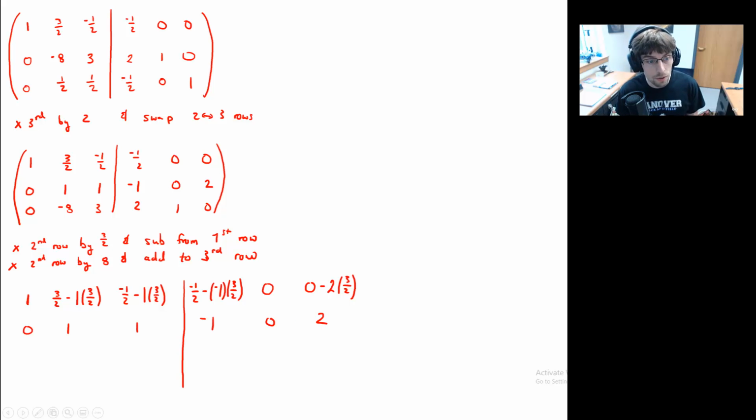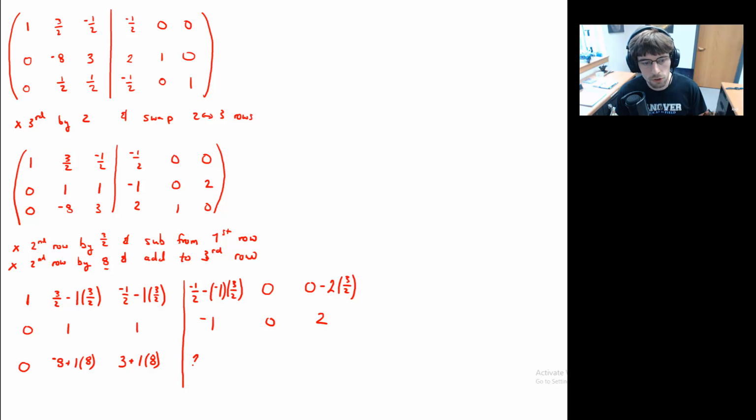And then the last row. Okay. Well, 0 plus 0, so we get 0 again. Okay. And don't forget, I'm multiplying by 8 and then adding. So I get -8 plus 1 times 8. And so what do I get? I have 3 plus 1 times 8. Keep going.